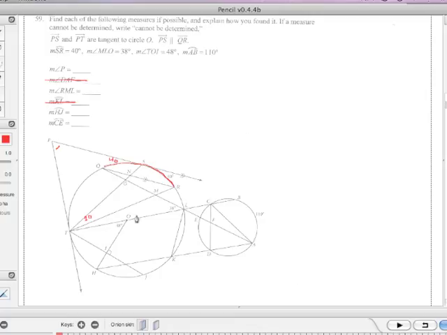Okay, so let's see, what else can we find here? And that's 40. TSL is a semicircle, right? So this is going to be 180 degrees from here to here. So we have this 40.